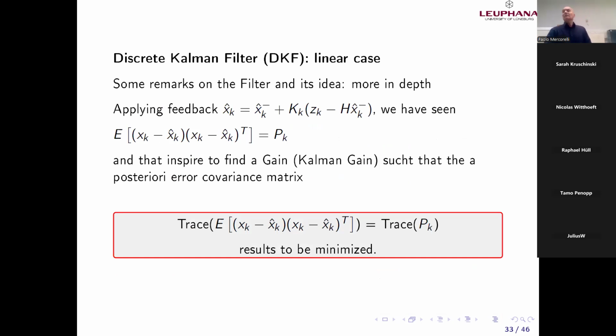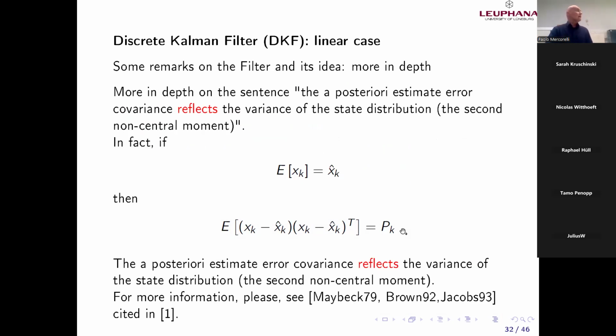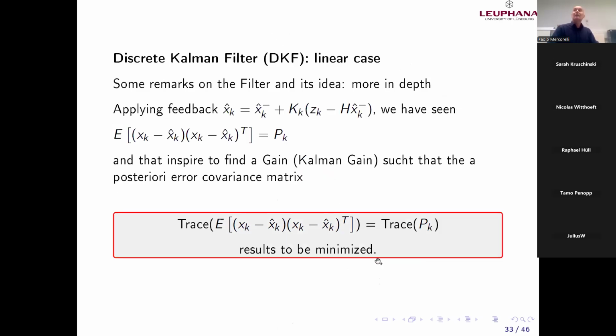It is the expected value of the product between the column of the a posteriori error and the row of the a posteriori error in the matrix.